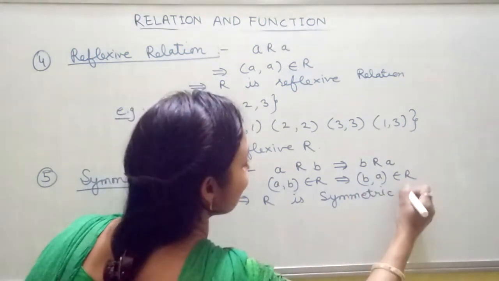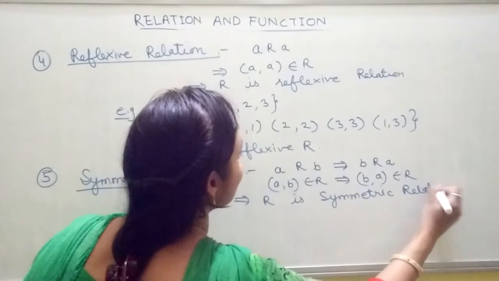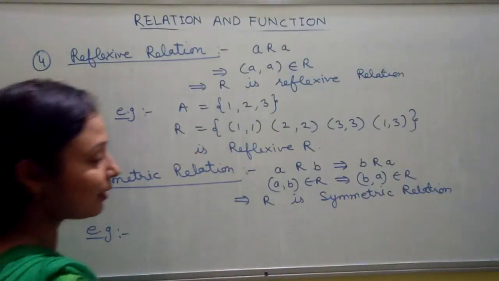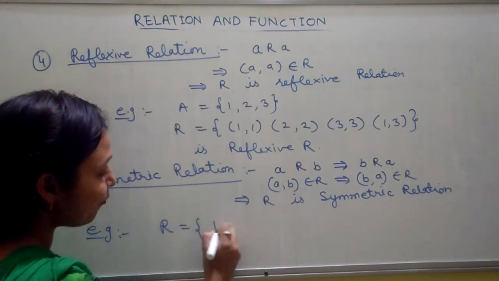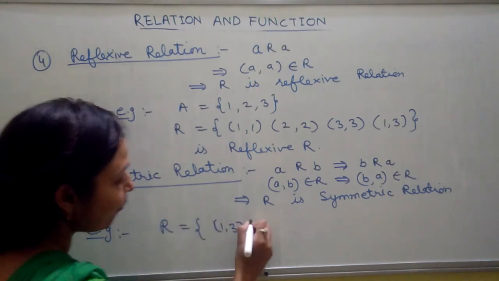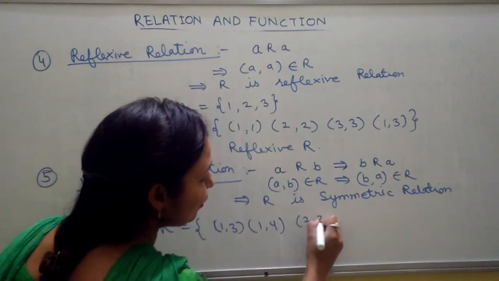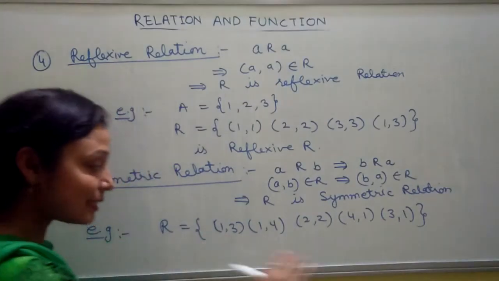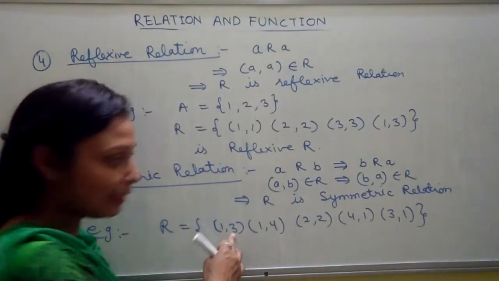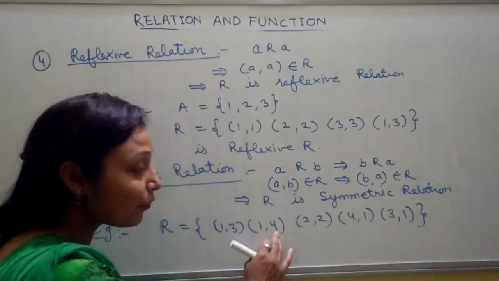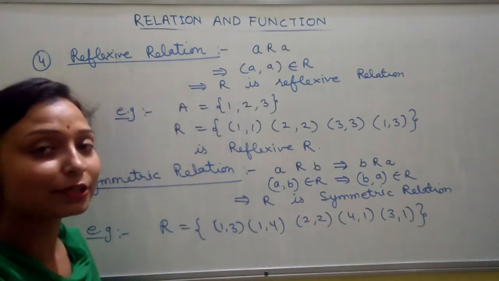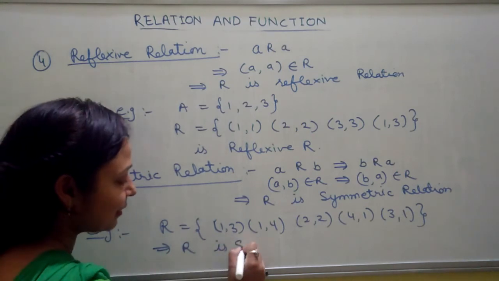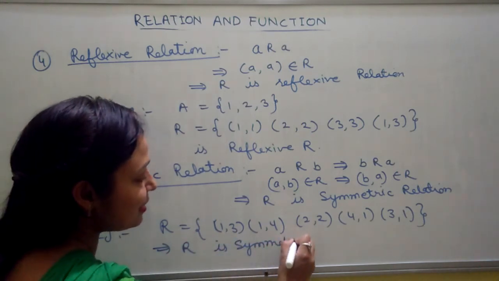Now come to the example, without example the terms will not be clear to you. We have a set and relation R, that is {(1, 3), (1, 4), (2, 2), (4, 1), (3, 1)}. Yes, it is symmetric because if (1, 3) is there, (3, 1) is also there. If (1, 4) is there, (4, 1) is also there, and 2 is related to itself. So R is symmetric.